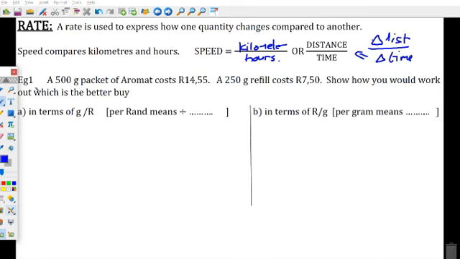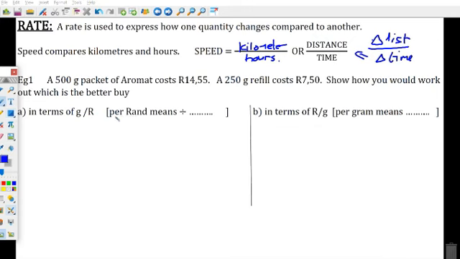So let's look at the first example here. A 500-gram packet of Aramet costs 14 Rand 55 cents. A 250-gram refill costs 7 Rand 50. Show how you'd work out which is better to buy in terms of grams per rand. So when you're saying per rand, what does per mean?